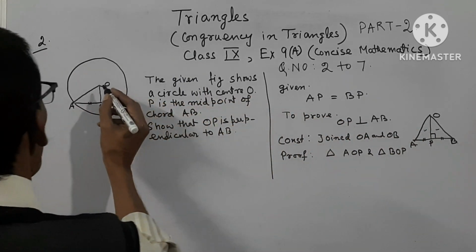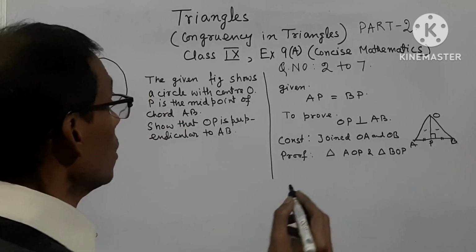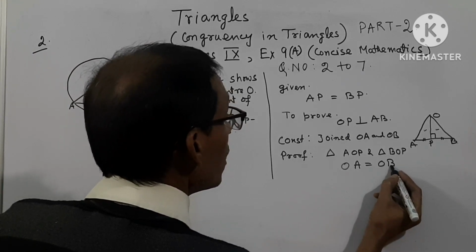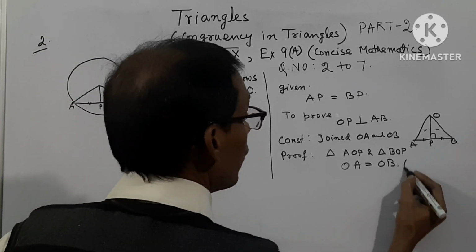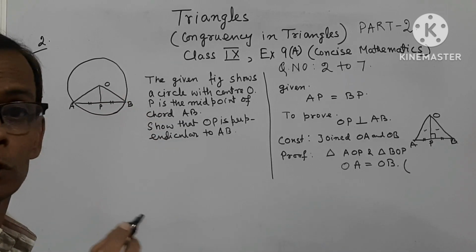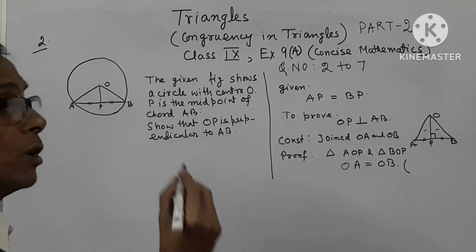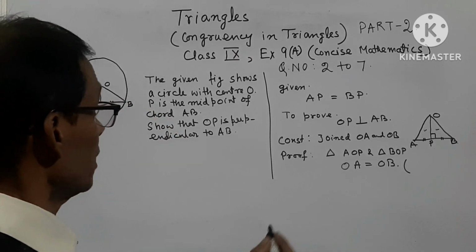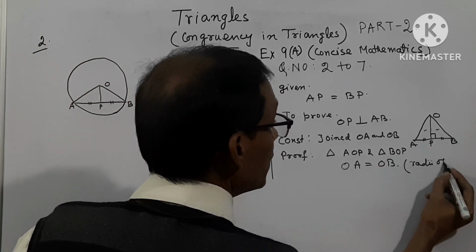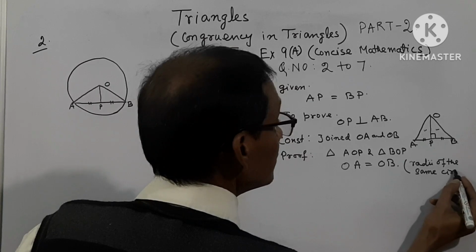That is the way you do congruency. Come on. OA is equal to OB. Now you have to give the reason for everything you mention here. OA equal to OB, how did you find? Because OA is a radius and OB is also a radius. Both are radii of the same circle.